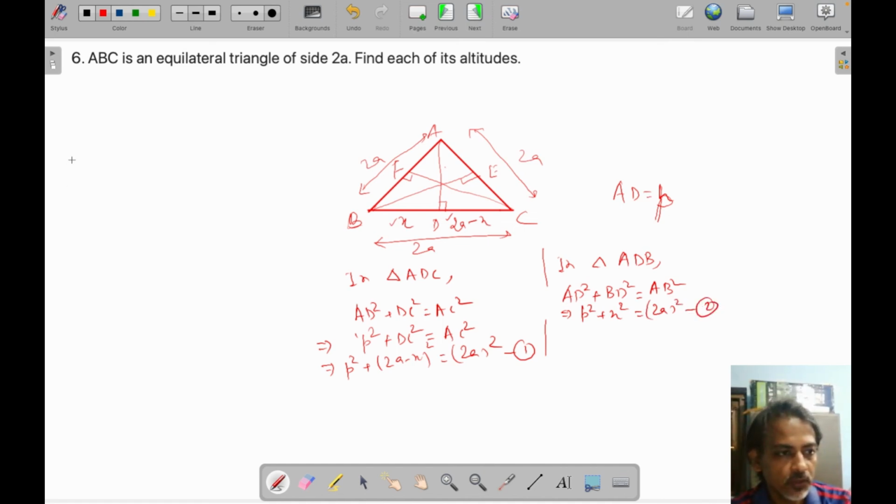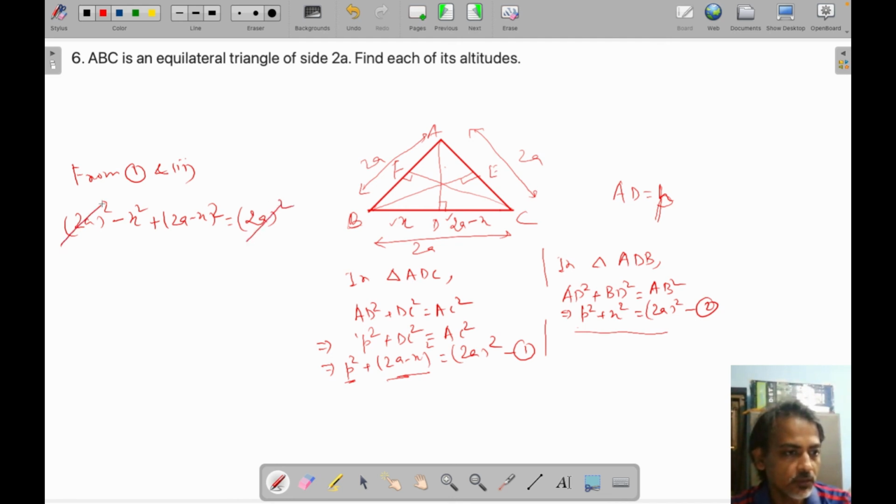Now I will use 1 and 2. I'll use P square from here and put it over here. So I'll use P square as 2A whole square minus X square from this equation, plus 2A minus X whole square, which is this part, equals 2A whole square, right?